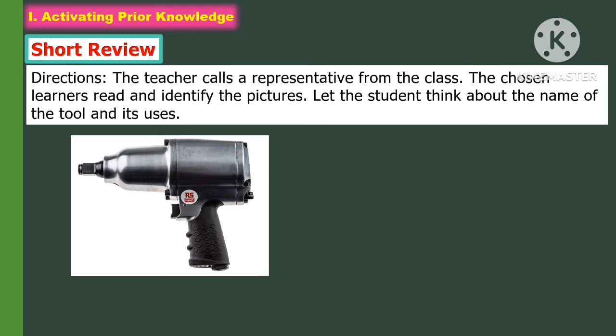In activating the prior knowledge, for the short review, the teacher calls a representative from the class, and the chosen learner reads and identifies the pictures and thinks about the names of the tools.